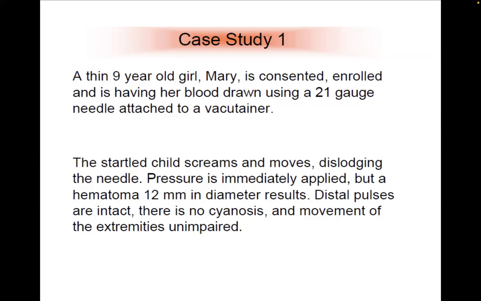Distal pulses are intact, there is no cyanosis, and movement of the extremities is unimpaired. Now, what happened? They were trying to collect blood from the baby, and she got scared and screamed, and she tried to move her hand, which caused the dislodging, and a hematoma occurred.